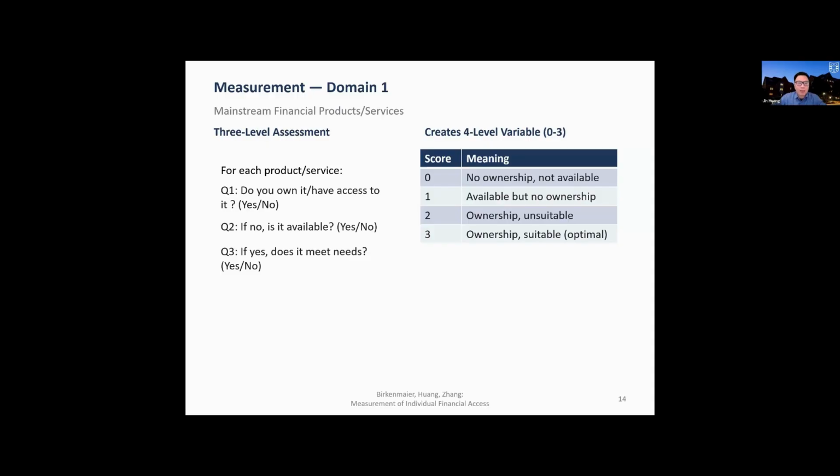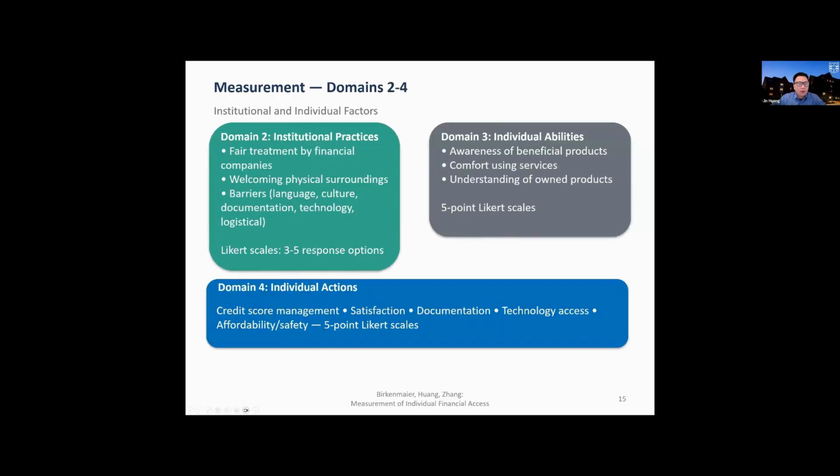This allows us to capture the difference between a product that's technically available but practically unsuitable, or even a bad product for a specific family's needs. Okay, here you can see that, moving into the broader environment, like Julie mentioned previously, we look into three additional domains for financial access.